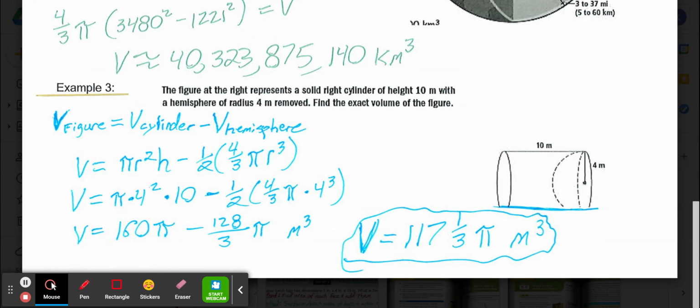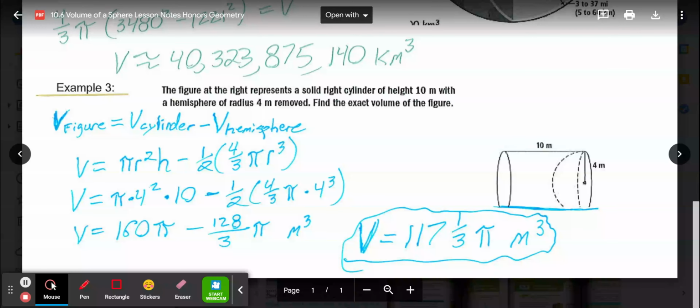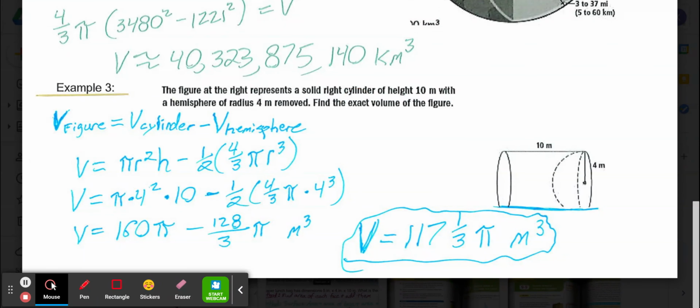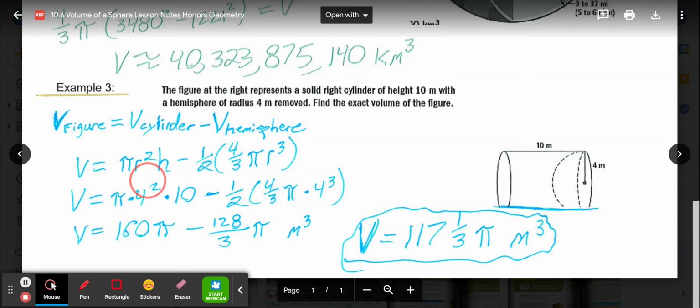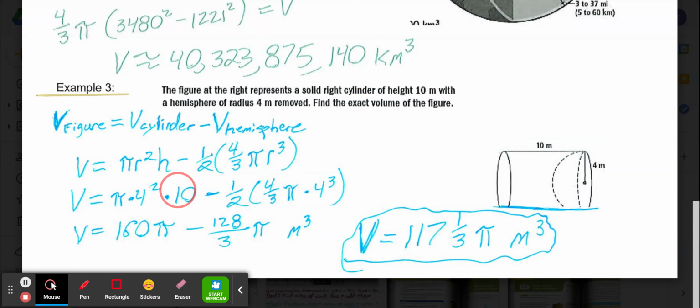So doing our math and keeping pi in the answers because they wanted the exact volume, 4 squared is 16, multiplied by 10 is 160. So the volume of the cylinder is 160 pi, minus our hemisphere. So we would take 4 cubed, multiplied by 4/3, multiplied by 1/2, which gives us 128 over 3.